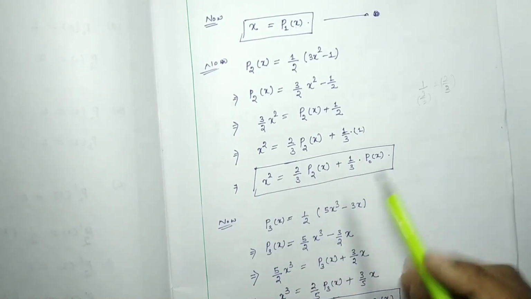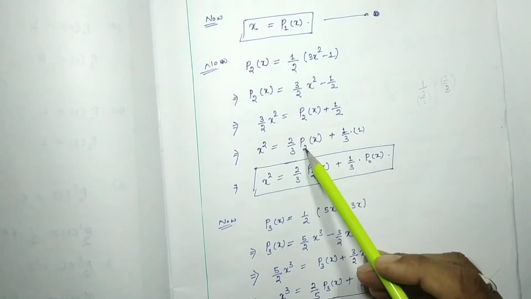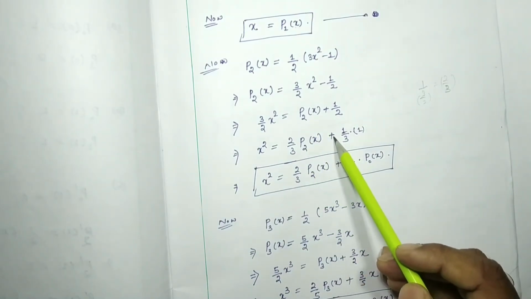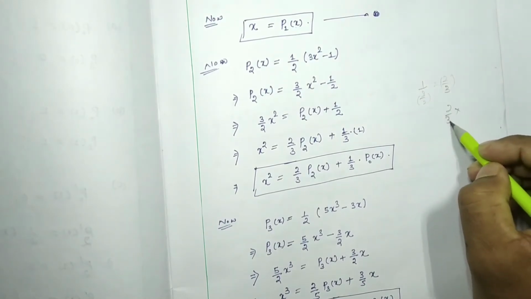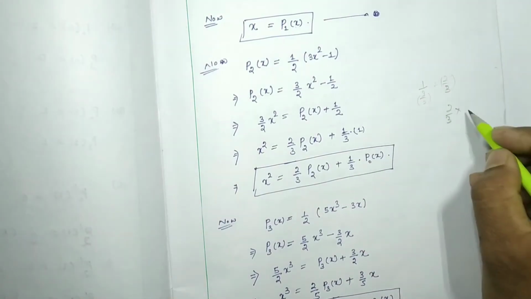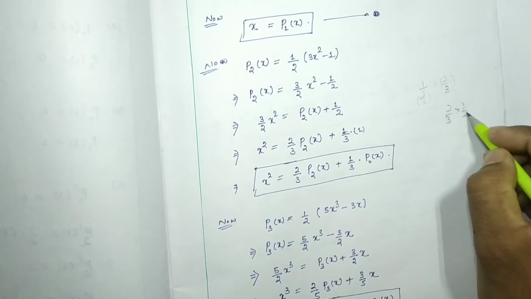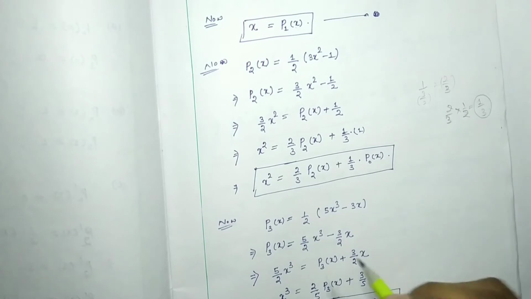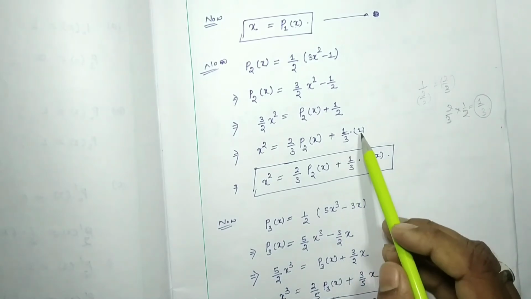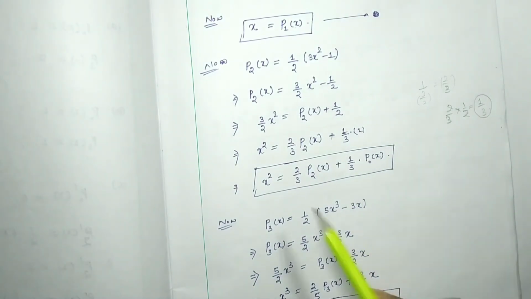So 2 by 3 p2(x) plus, here 2 by 3 into the 1 by 2 that is already there, the 2 got cancelled, and we get 1 by 3. Okay, so 1 by 3 into 1, right?